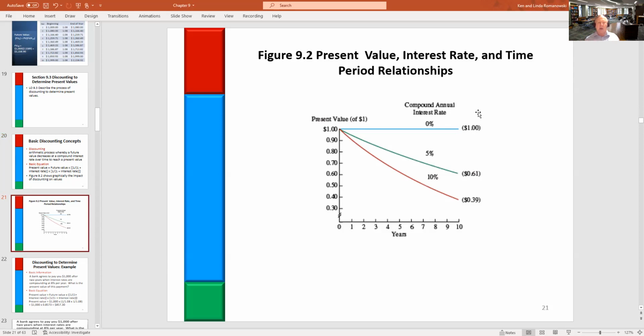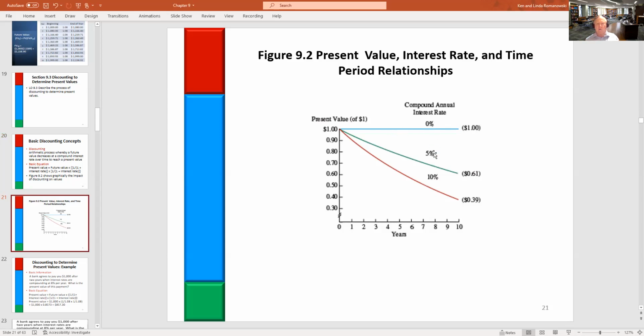Second, the further out you go in time, the lower the present value that you will be using. So let's look at this example here.